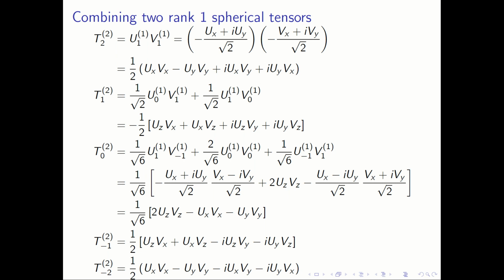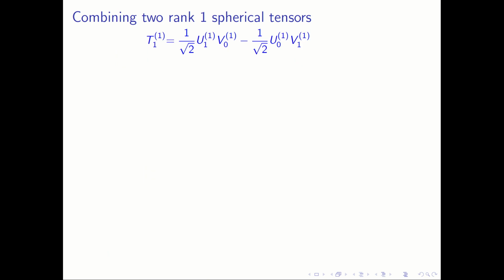Well, this is how you get rank 2 spherical tensors out of 2 rank 1 spherical tensors, namely 2 spherical vectors. How do you get rank 1 and rank 0, which is also what you are supposed to get? Well, for rank 1, again look up the Clebsch-Gordan coefficients or look up the expansion.